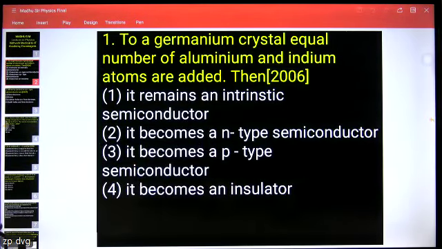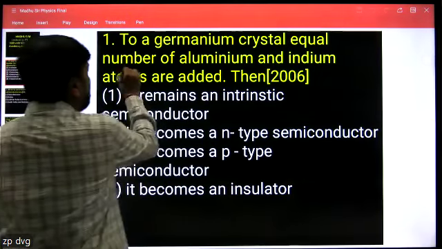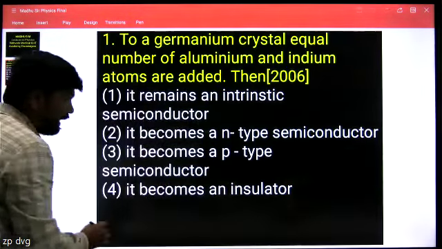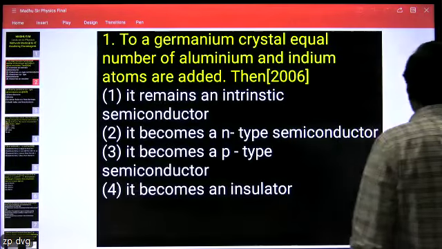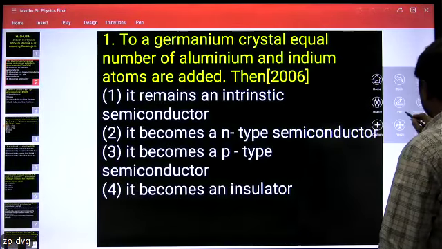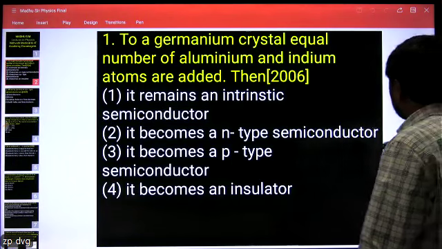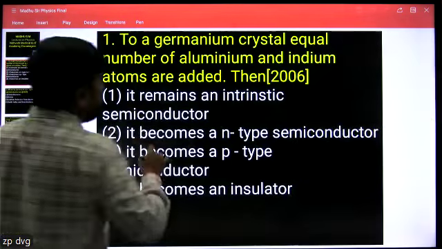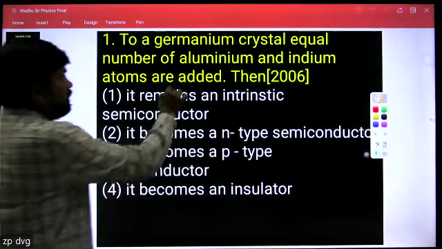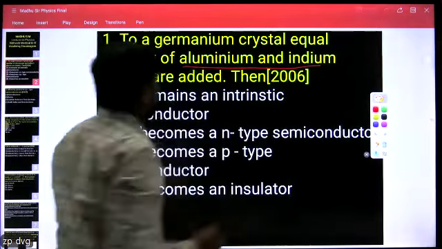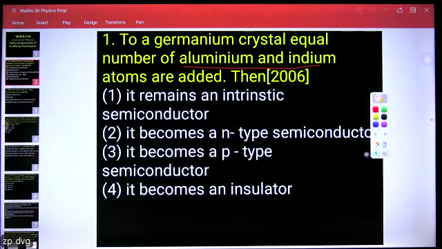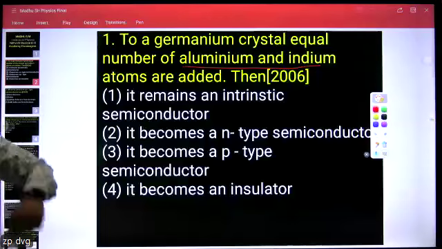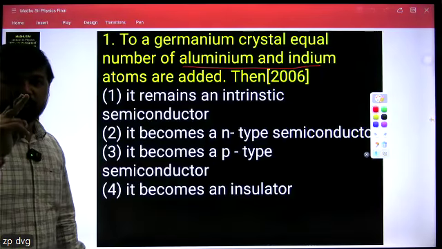To a germanium crystal, equal number of aluminium and indium atoms are added. Just remember, there are two types of dopants.